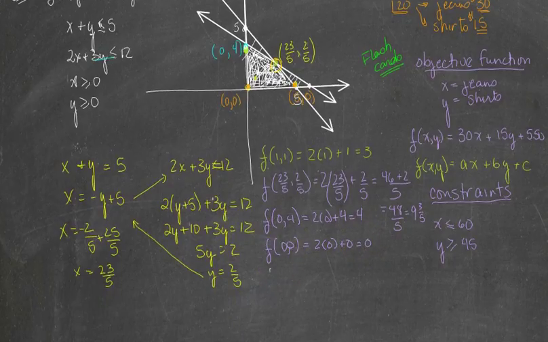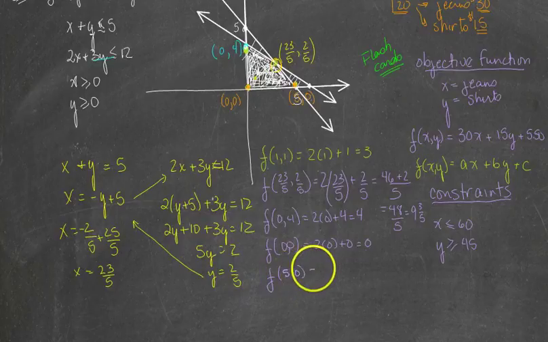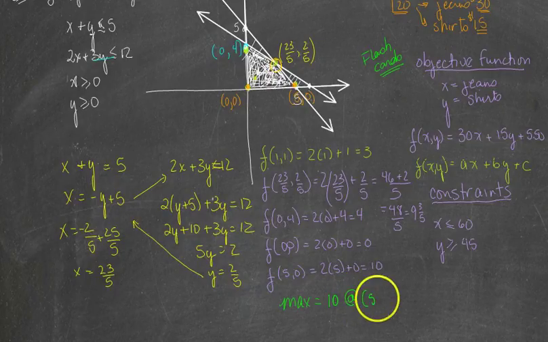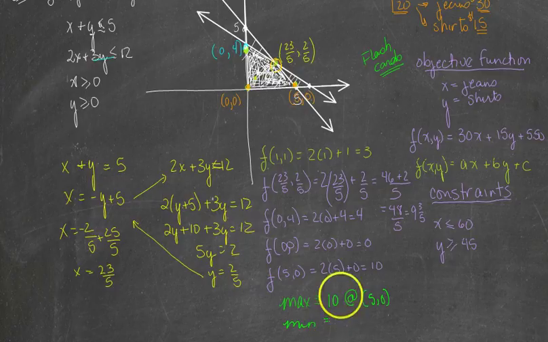And last but not least, f of 5, 0 equals 2 times 5 plus 0, which equals 10. So now we can say what our max and our min is. Our max value is 10 at the point 5, 0. And our minimum, what's our minimum? 0 at the point 0, 0.